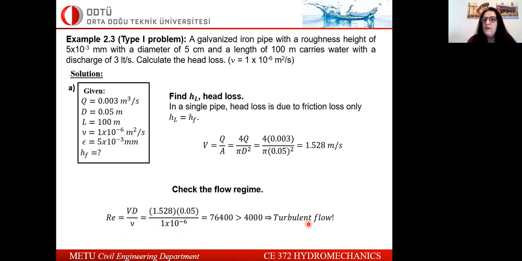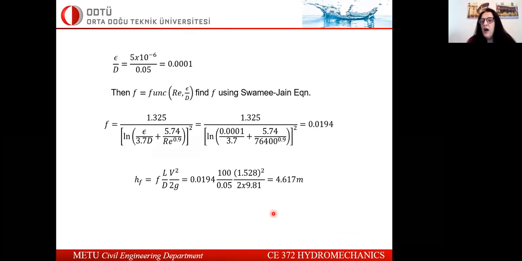If you were to have a Reynolds number less than 2000, we know that our f will be equal to 64 divided by Reynolds. At this point, as we have turbulent flow, I need to solve for that f either by making use of Moody's chart or by using the Swamee-Jain equation. But other than the Reynolds number, we need to calculate the relative roughness term.